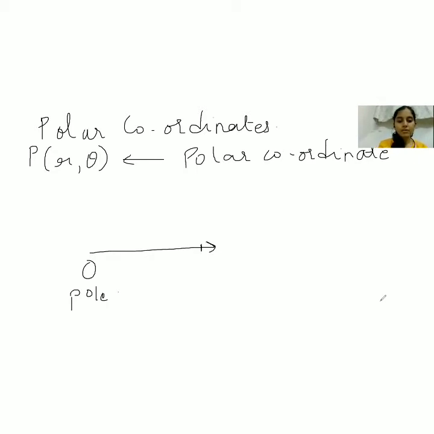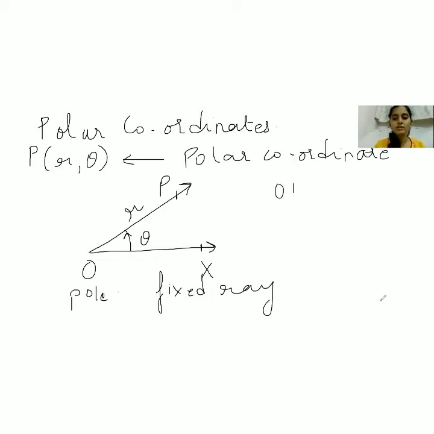This we call OX, and this is the fixed ray, fixed ray OX. Then we draw a vector called OP, making a small angle theta with OX. The length of OP is r.